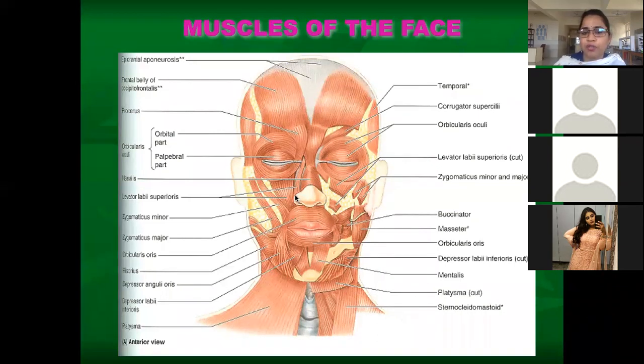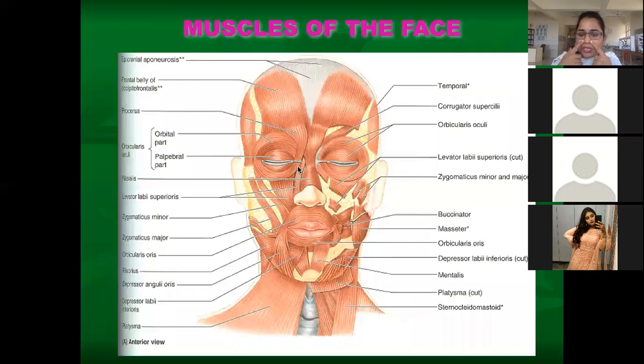This muscle is not shown here, same like levator labii superioris. Same area only we will see. It causes elevation of upper lip along with the ala of the nose.